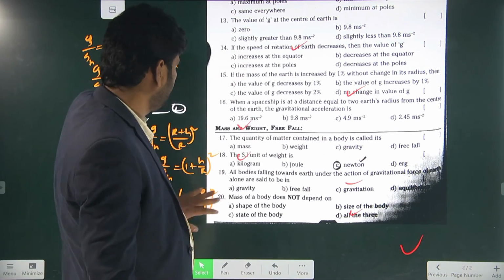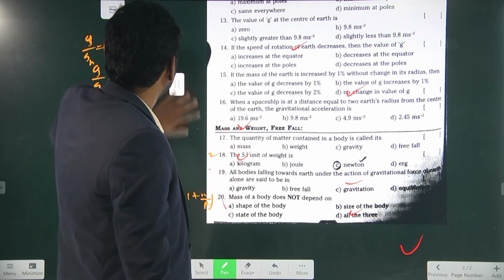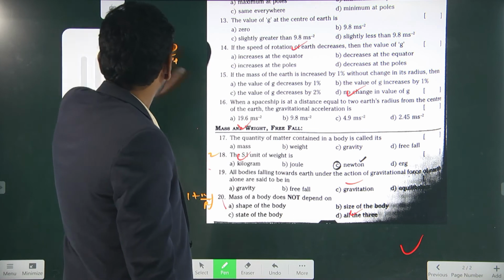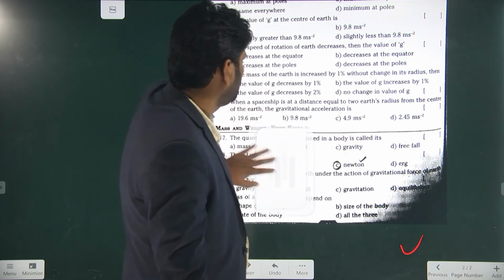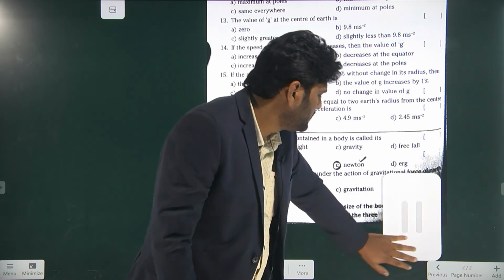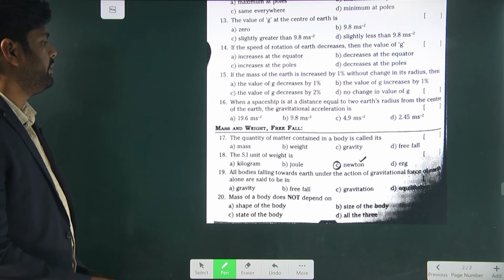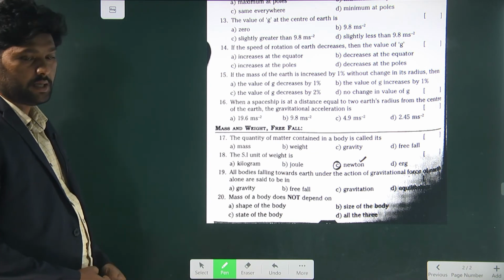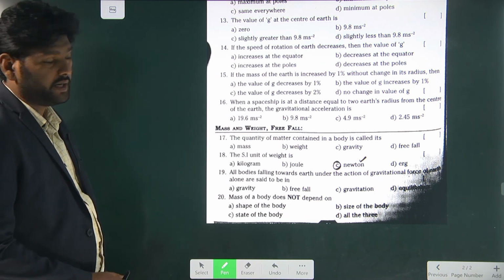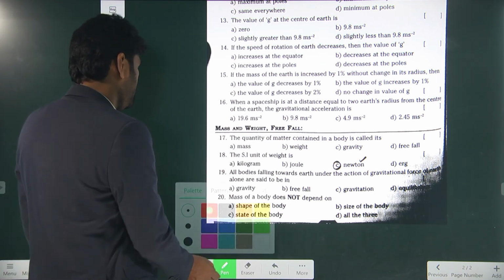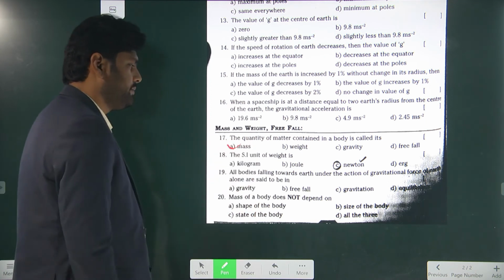So next other things. Now next do it. Next, 17. The quantity of matter contained in a body is called mass.